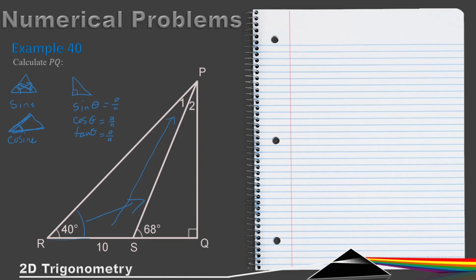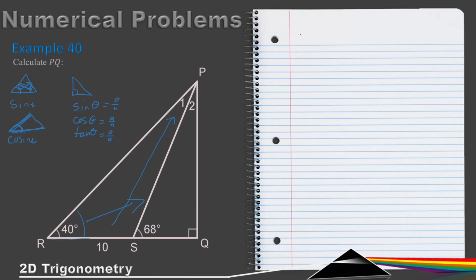Knowing these 2 angles, there are 2 ways we can do it. We can find this angle with angles on a straight line and then use angles of a triangle, but there's a shorter way because we also know the exterior angle of a triangle rule. So angle R plus angle P1 adds up to this 68 because it's the exterior angle of a triangle.